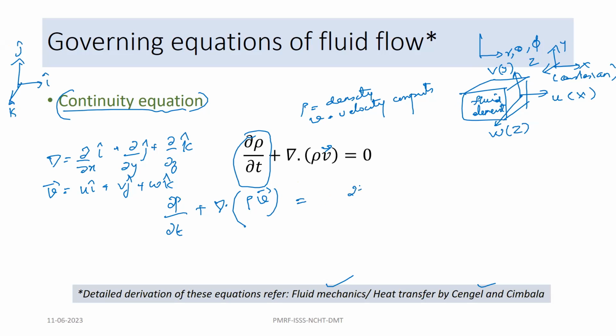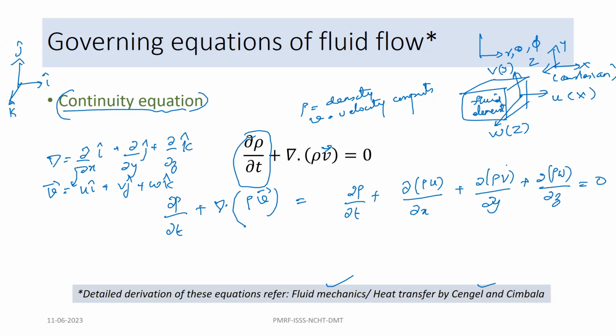Expanding that, it would be dou rho by dou t plus dou of rho u by dou x plus dou of rho v by dou y plus dou of rho w by dou z equal to 0. You can verify this by taking the dot product.